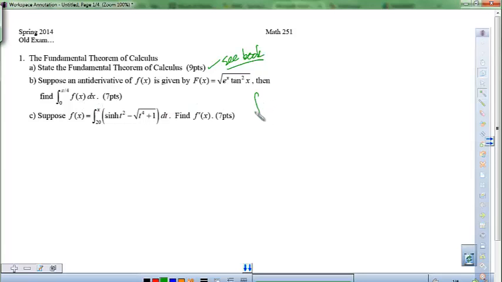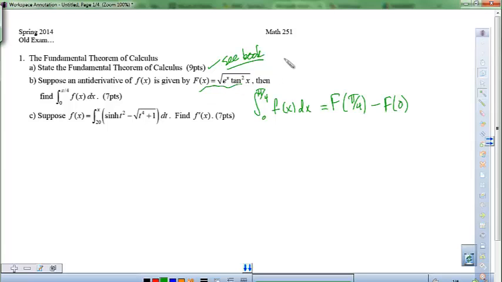Well, we know by the fundamental theorem of calculus, part 2 I believe, that the integral of a derivative is equal to the original function, or since this is the function, it's actually equal to the antiderivative evaluated at the top limit minus the antiderivative evaluated at the bottom limit.